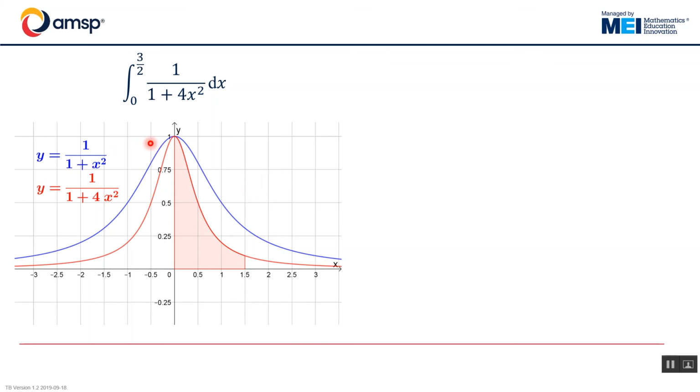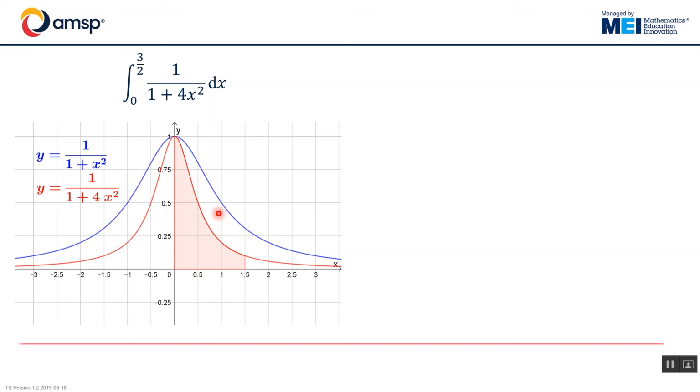I'm going to start by comparing the graph of 1 over 1 plus 4x squared to the graph of 1 over 1 plus x squared. You'll see the shapes are similar, literally similar in the mathematical sense. The other thing to observe is just what's happening to the blue curve for 1 over 1 plus x squared. And the key point I want to observe is this point here. 1 over 1 plus x squared drops half its height after x is 1.